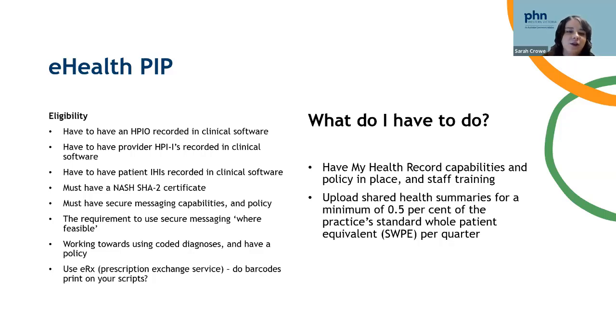It's a very small target, 0.5% of that number. So your SWPE might be 1,000 patients, or often much larger at a bigger practice, and you only have to upload 0.5% of those per quarter.